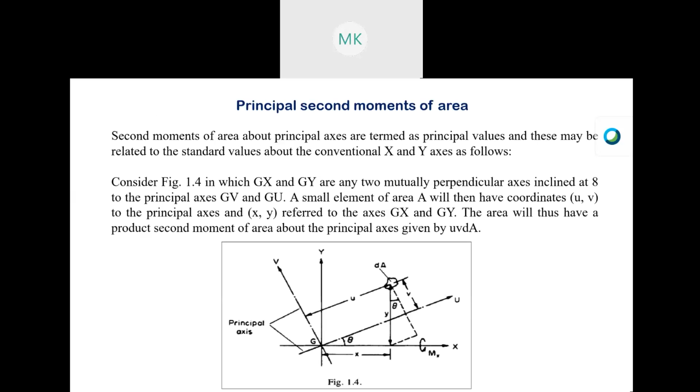There are two perpendicular axes, zx and zy. After that, we have drawn two principal axes along the centroid, gv and gu. Let us consider a small area A, whose coordinates are u and v.